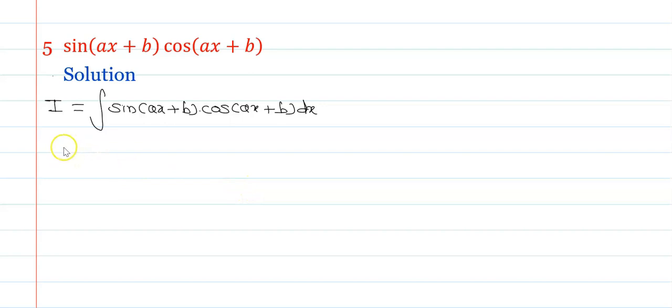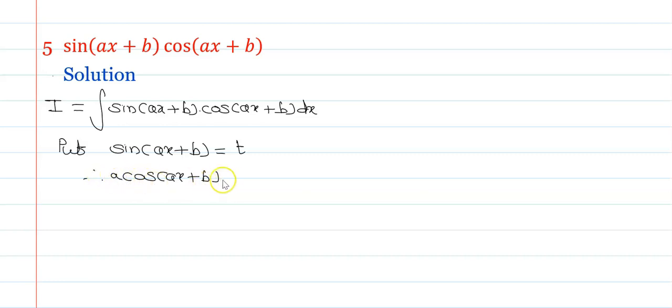The first way is like this. Put the substitution sine of (ax plus b) is equal to t. Its derivative is cos of (ax plus b), into the derivative of ax plus b, which is a.